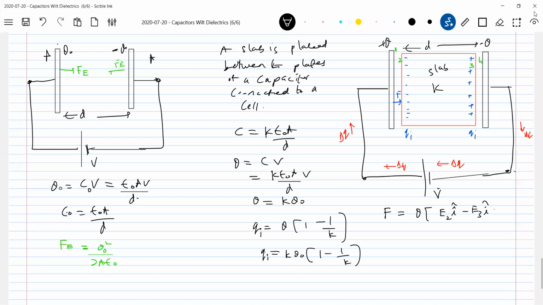This is plus. These two will be equal and opposite, so they'll cancel out. So this E2 and E3 will be equal and opposite, will cancel out. So therefore F bar equal to Q into E4 i cap.